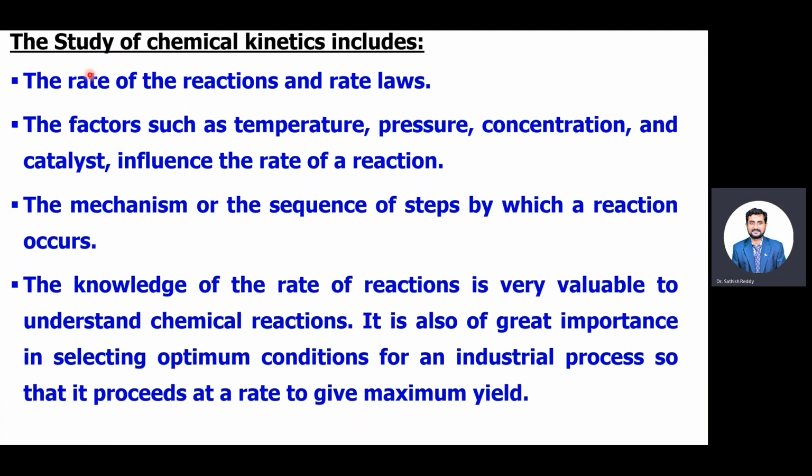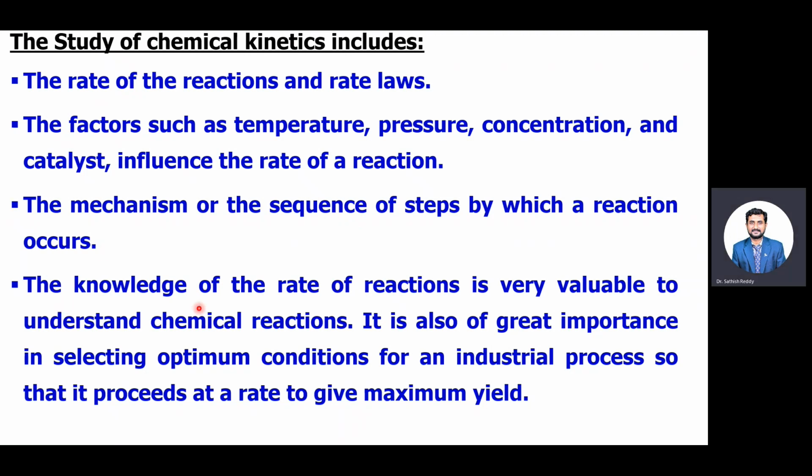So the study of chemical kinetics includes the rate of chemical reactions and rate laws, the factors such as temperature, pressure, concentration, and catalyst that influence the rate of reactions, and the mechanism or sequence of steps by which a chemical reaction takes place.